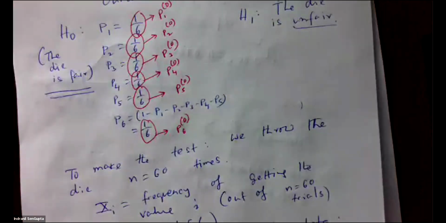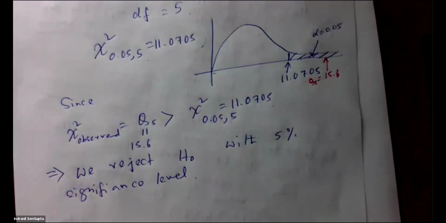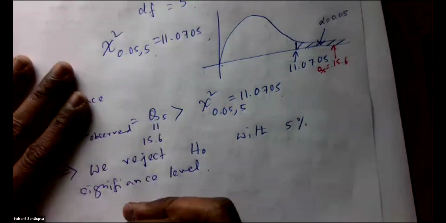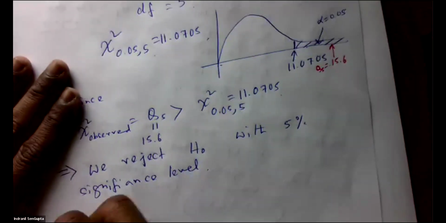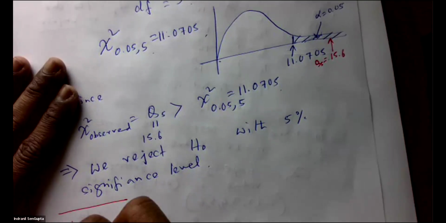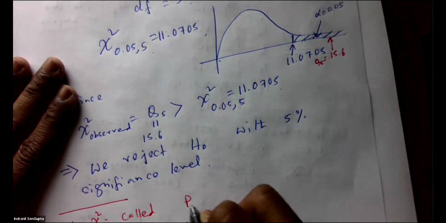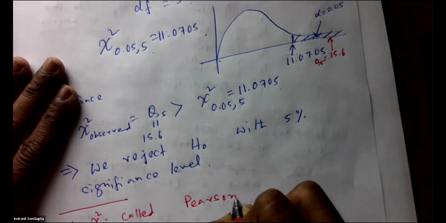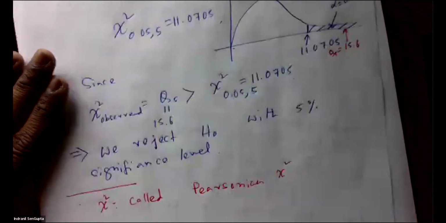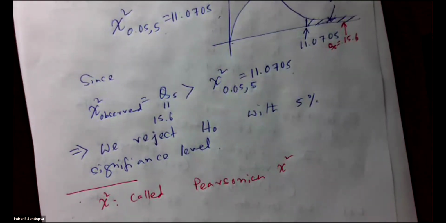Okay. So this is how the goodness of fit procedure is implemented for testing hypothesis. Okay, it also has another name. It's called a Pearsonian chi-squared.